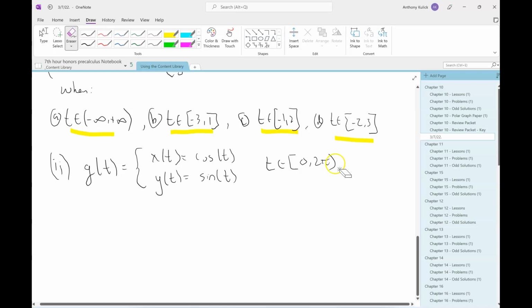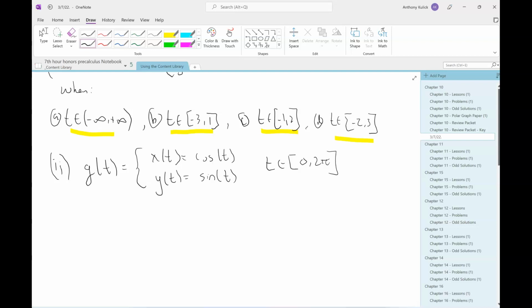What if we wanted to graph this guy? Before you type this into your calculator, we've seen this already in this course. What do you think this picture is going to turn out to be?